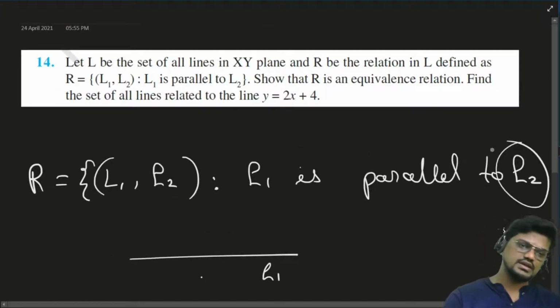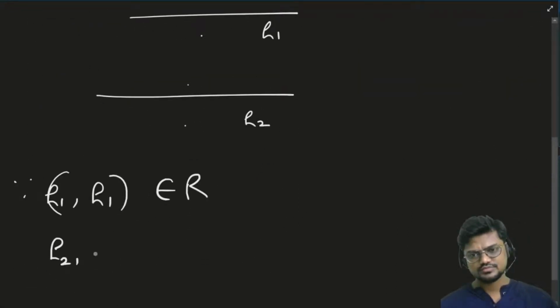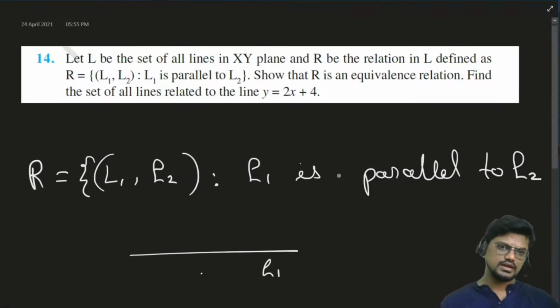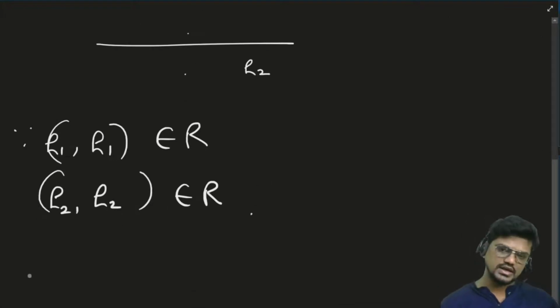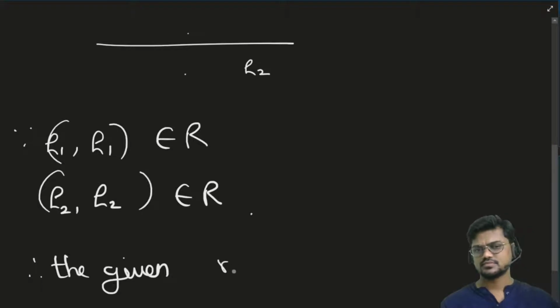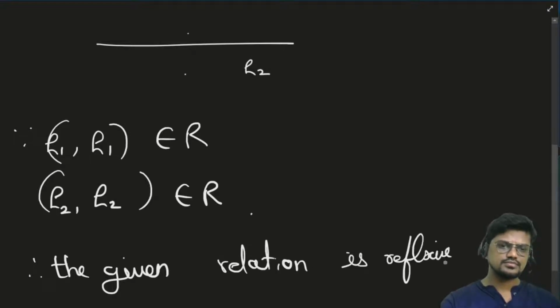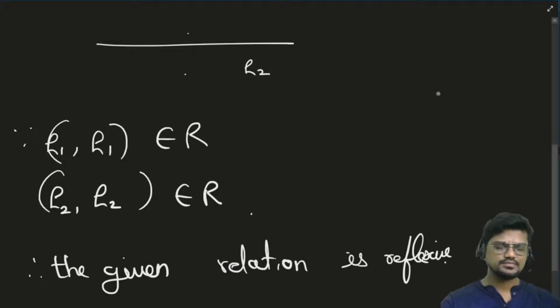Obviously, it is parallel. Also L2 comma L2: line 2 is also parallel to itself, so that also belongs to the relation. I have taken all the elements, therefore the given relation is reflexive.